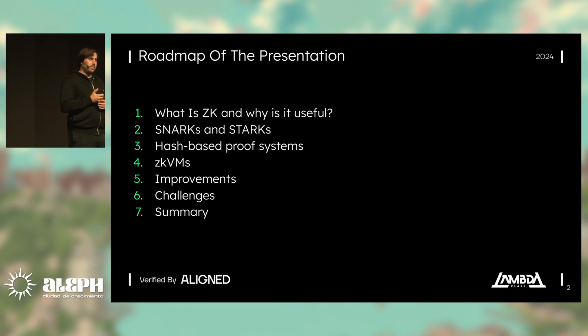And then I am going to point at some challenges that we face for mass adoption of ZK and some of the solutions we are proposing. And finally, we can do some summary and, of course, some final questions.